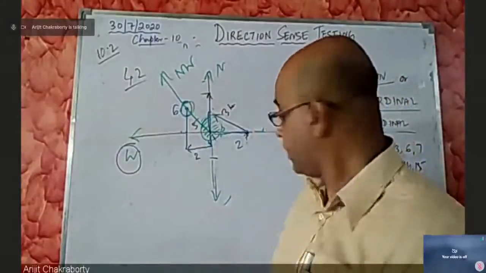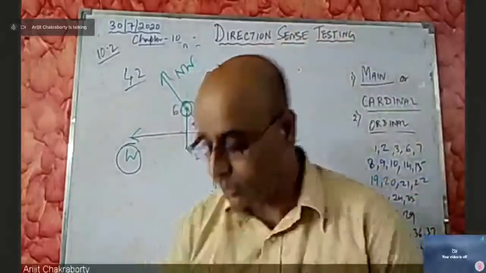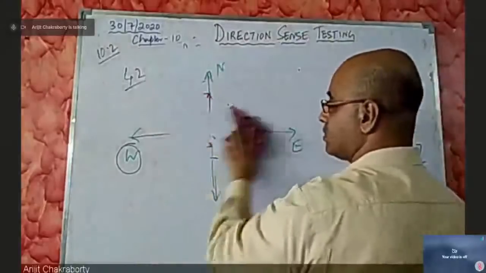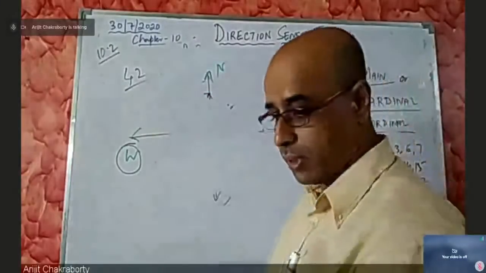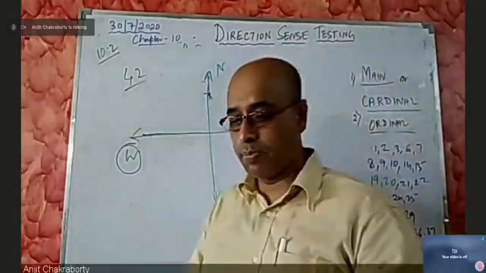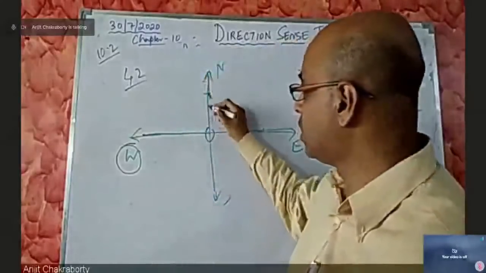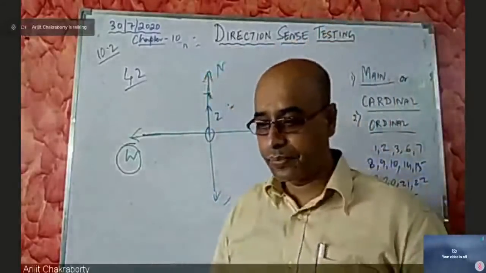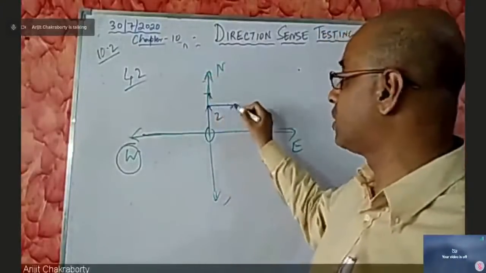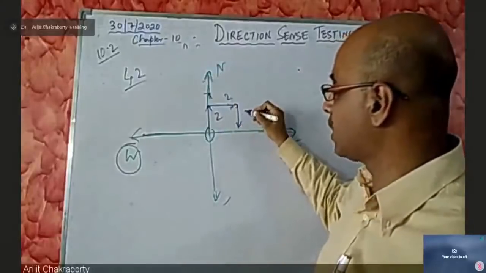43 is done. Now we'll take up 44. Let's see what the story is all about. Sita starts from a point, walks 2 kilometers towards north, turns towards the right and walks 2 kilometers, turns right again and walks, turns right again and walks.